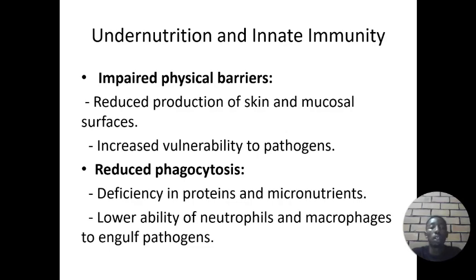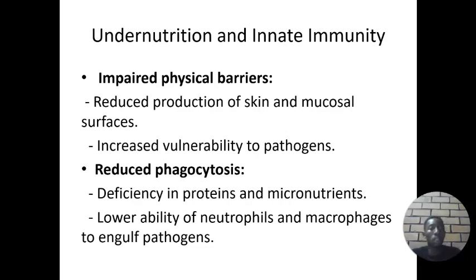I'm going to continue about reducing phagocytosis. As you see, the cells used in phagocytosis are macrophages, B cells, and other cells. And undernutrition will reduce those cells.